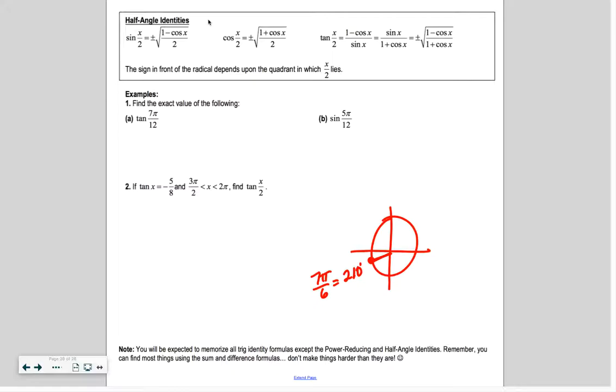Do you guys see that? Because 7 pi over 12 has a denominator that's been multiplied by 2. So it's half of 7 pi over 6. So where's 105? It's in the second quadrant, right? So this 7 pi over 12 is half of 7 pi over 6, which is half of 210. So all of that equals 105 degrees.